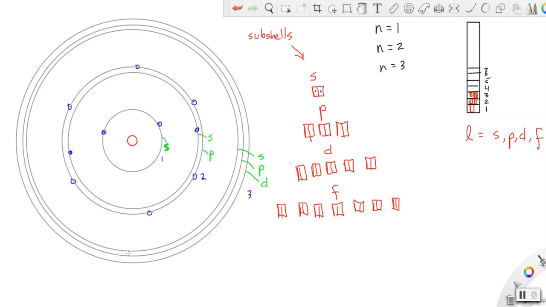Like that, right? So we're done with level 2. There are no more options, we can't put any more there. So subshell D is only going to be involved once we get up to level 3.